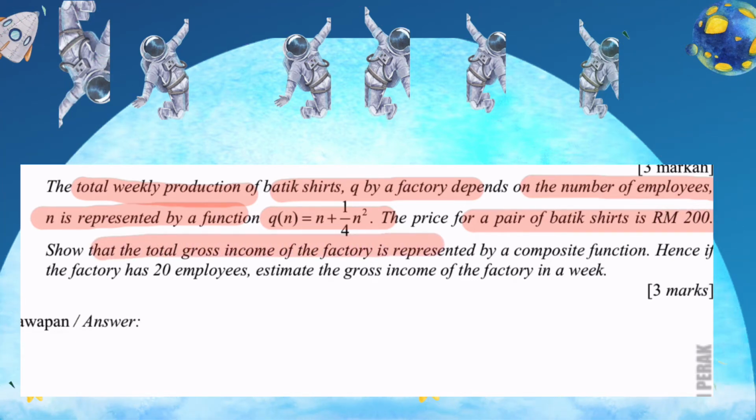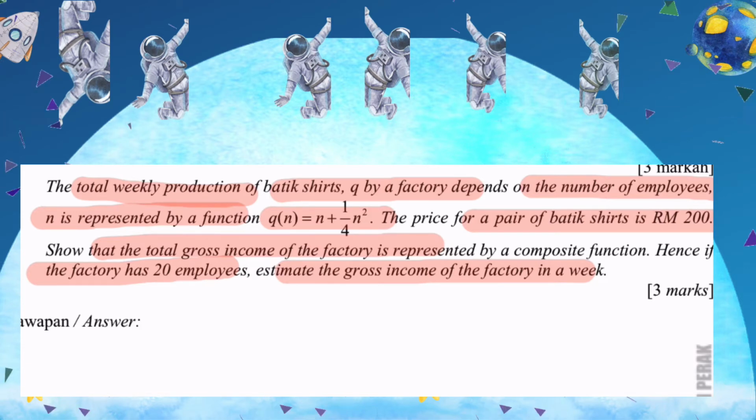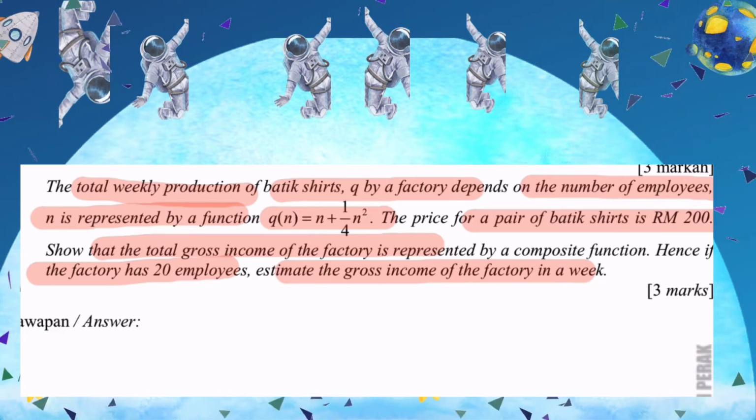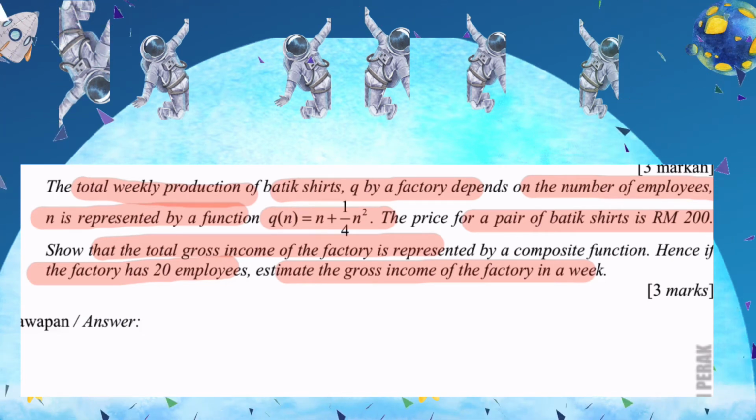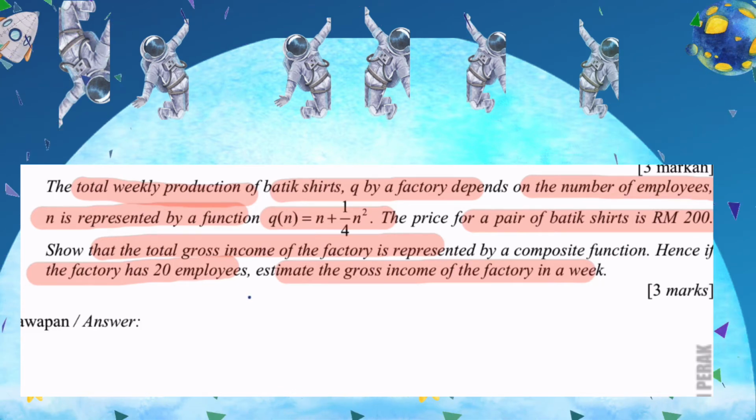Show that the total gross income of the factory is represented by a composite function. Hence, if the factory has 20 employees, estimate the gross income of the factory in a week. So let's see how to apply function in solving the gross income of the factory in a week.